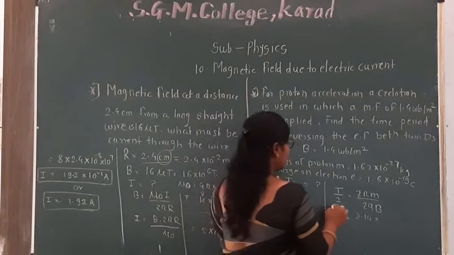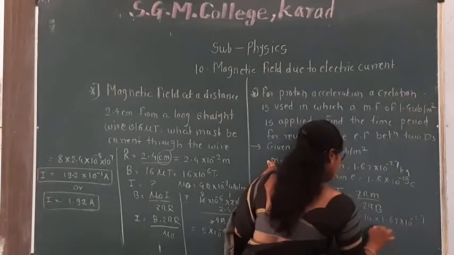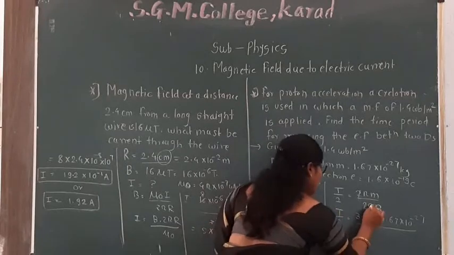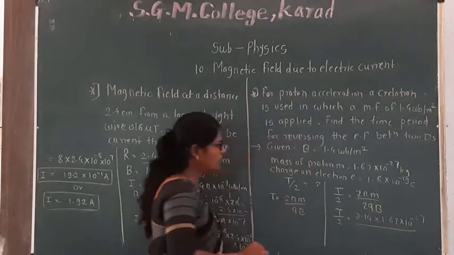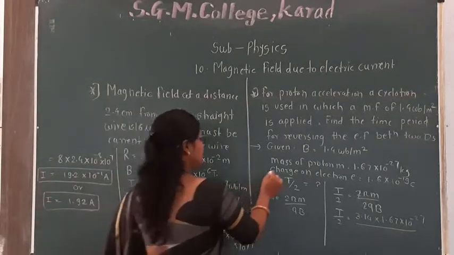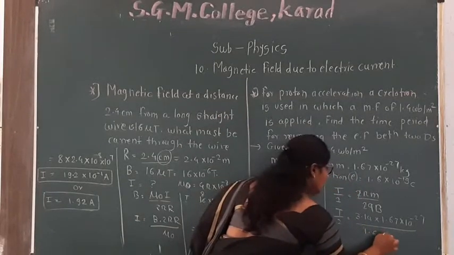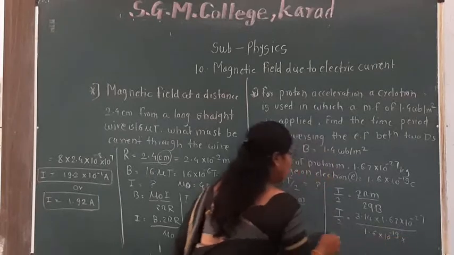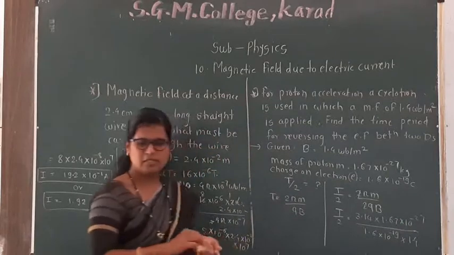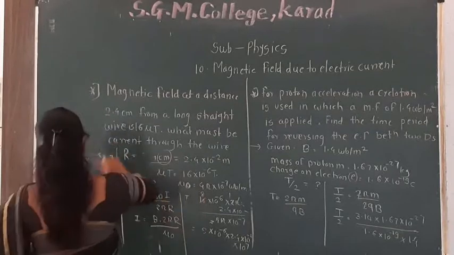M means mass of proton, 1.67 into 10 raised to minus 27, and q means charge on electron, e is the value of q, 1.6 into 10 raised to minus 19, into B which is 1.4. We substitute all the values of these quantities.